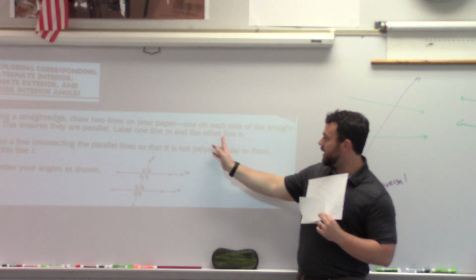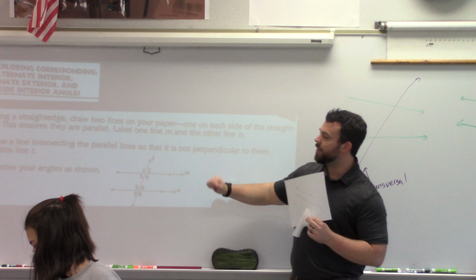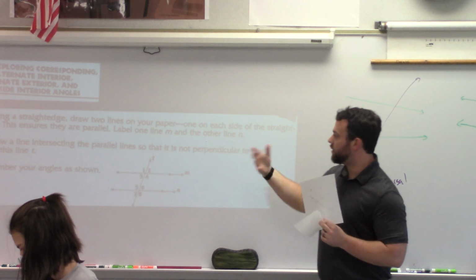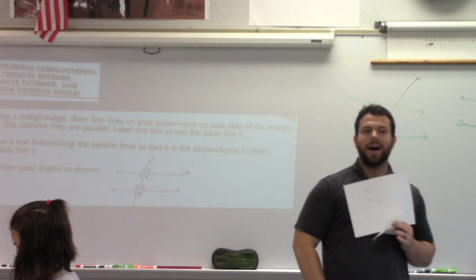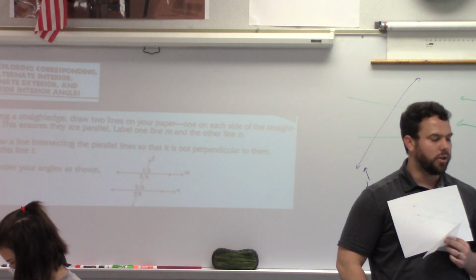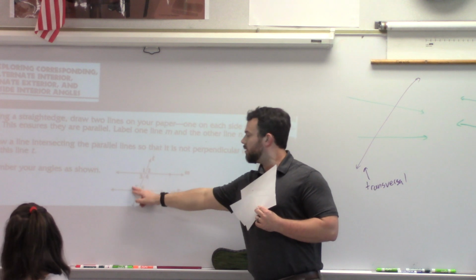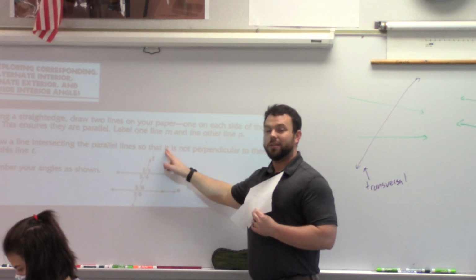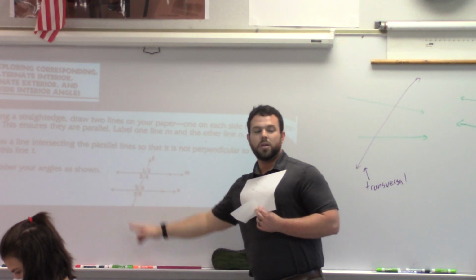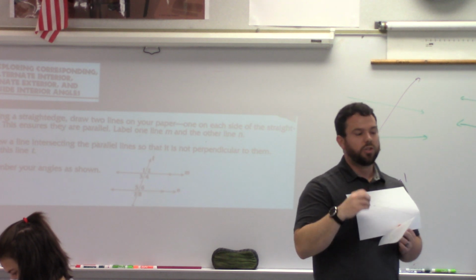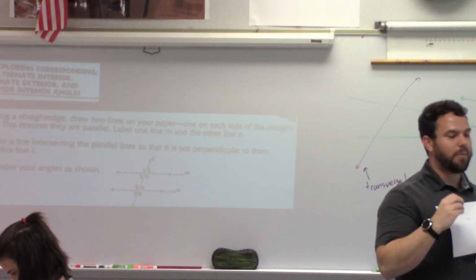M and N, okay? And then draw a line that intersects those parallel lines, but it's not perpendicular. By the way, what is this line T going to be called? It's a transversal. So draw a transversal, just make sure your transversal is not perpendicular.